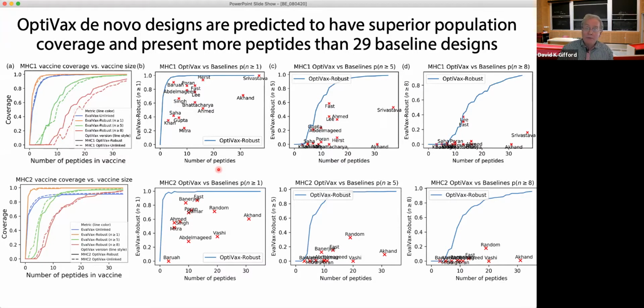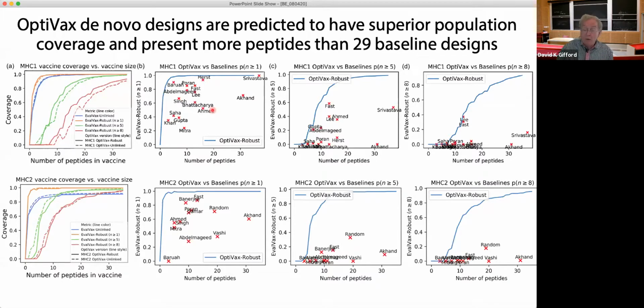What we observe is that the top row here is MHC class 1 coverage, and the bottom row is MHC class 2 coverage. And what you can see is that all the other designs suggesting peptide sets for vaccination for class 1 and class 2 coverage were surpassed in performance, typically with a smaller number of peptides, showing that combinatorial optimization is a great approach for designing peptides for vaccination for cellular immunity.